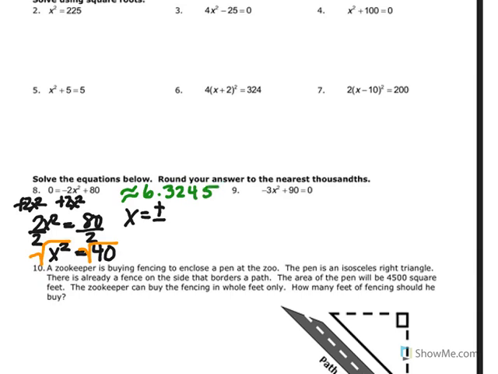So if we're rounding to the nearest thousandth, which is this digit, we want to look past it and decide, are we going to round up or down? And so we're going to round up because it's a 5. So our final answer is x equals plus or minus 6.325. I should use squigglies. It's approximately equal to that.